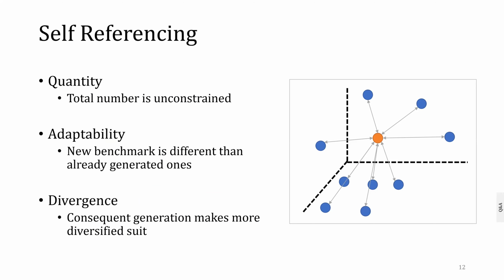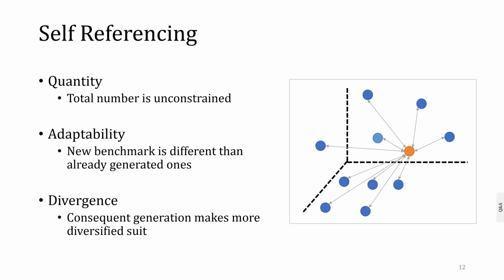Now let's move on to the self-referencing or the recursive part of the framework. This actually ensures that the synthetic benchmarks are different from each other along with being different from the reference benchmarks. When we generate the first synthetic benchmark, it is generated from the distances from the reference benchmarks.